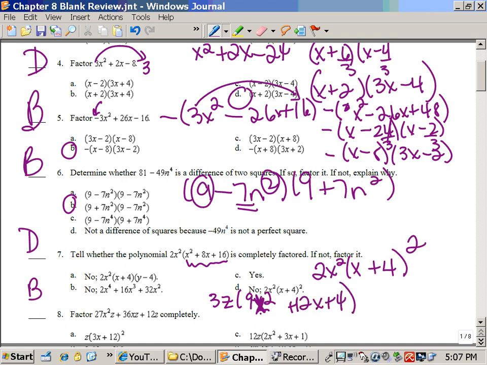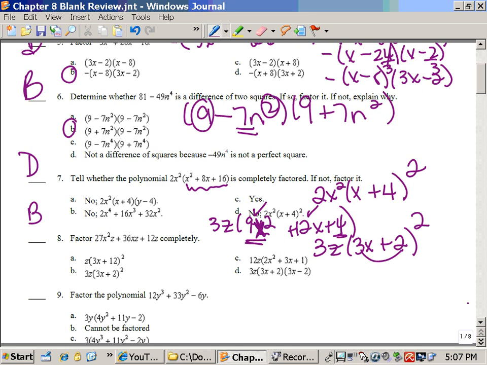Now I need to look inside, and I notice that these are perfect squares. So that's going to give me 3x plus 2. The 3x gives me a 9, and the 2 squared is 4. Now, just like in class today, we always have to make sure that we double check the middle. 3 times 2 is 6. Double it, that gives me a 12. So my correct answer on that one was B.